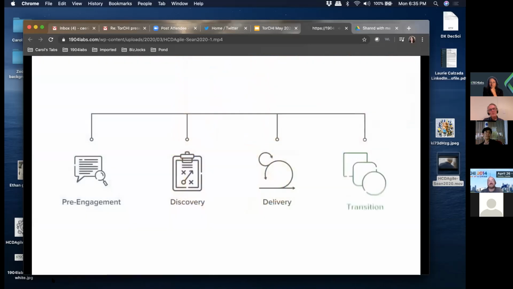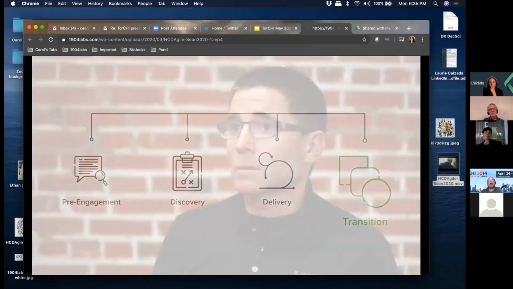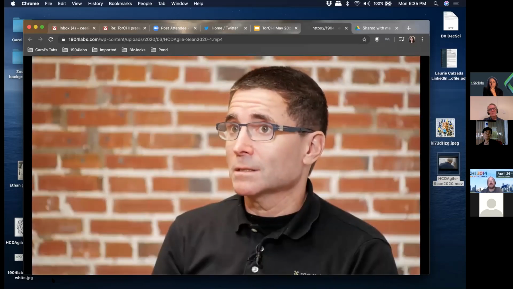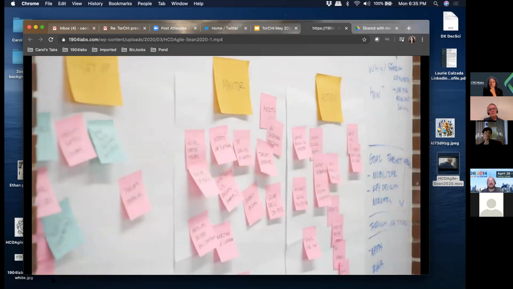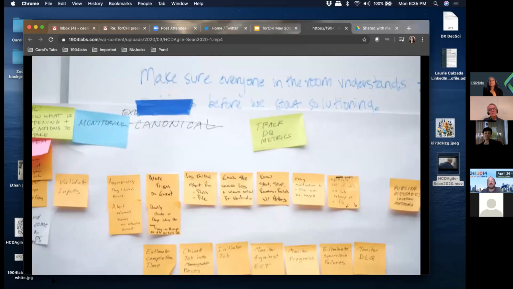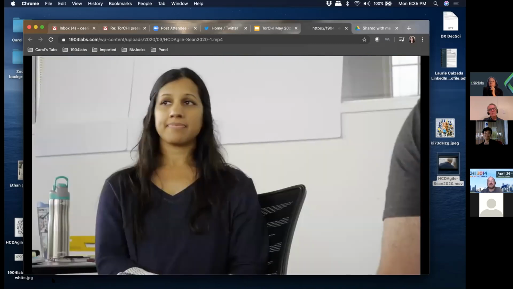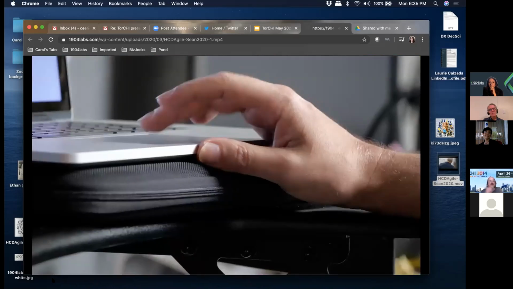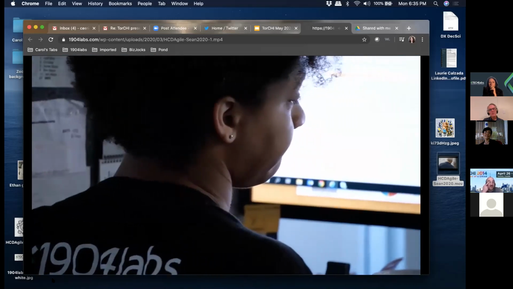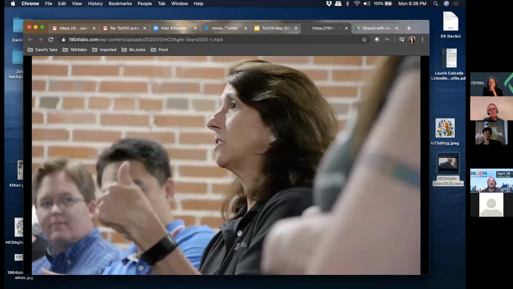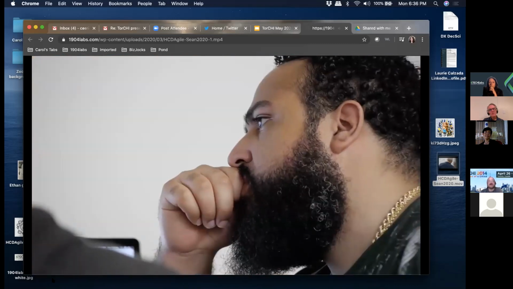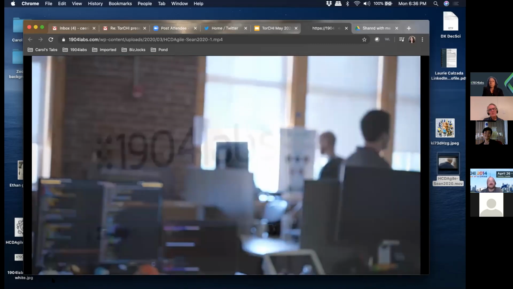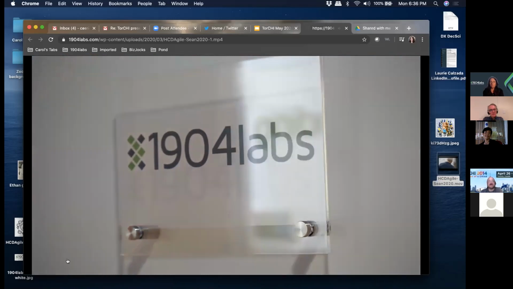Once the solution is delivered, we execute an orderly transition back to the client. HCD Agile, in its essence, is taking the time to build the right thing the right way. This is HCD Agile. This is 1904 Labs.